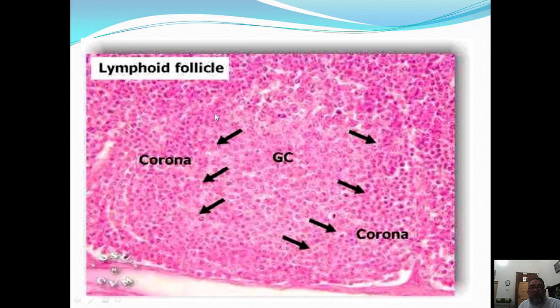The corona is the transition zone, and GC is the germinal center. The outer is the compact mature cells surrounding the lymphoid follicle. So lymphoid follicle consists of a central lighter zone, also called germinal center. The name indicates it germinates newer cells, that is, it is a proliferating zone, and then outermost are the mature cells.